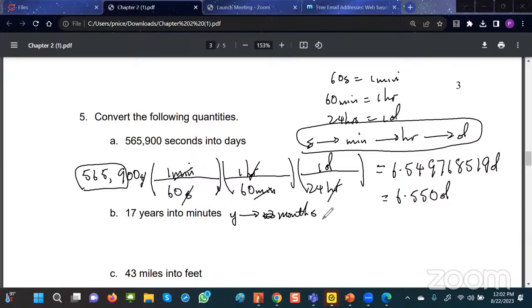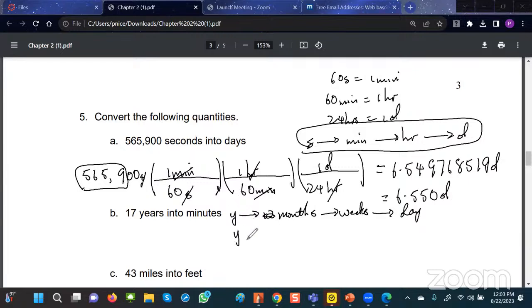And then what? Months going to weeks, okay. All right, so that's one way of doing it, and this is totally fine. What I was thinking of, I'm just going to show you here, just to illustrate that there is usually more than one way to solve problems.